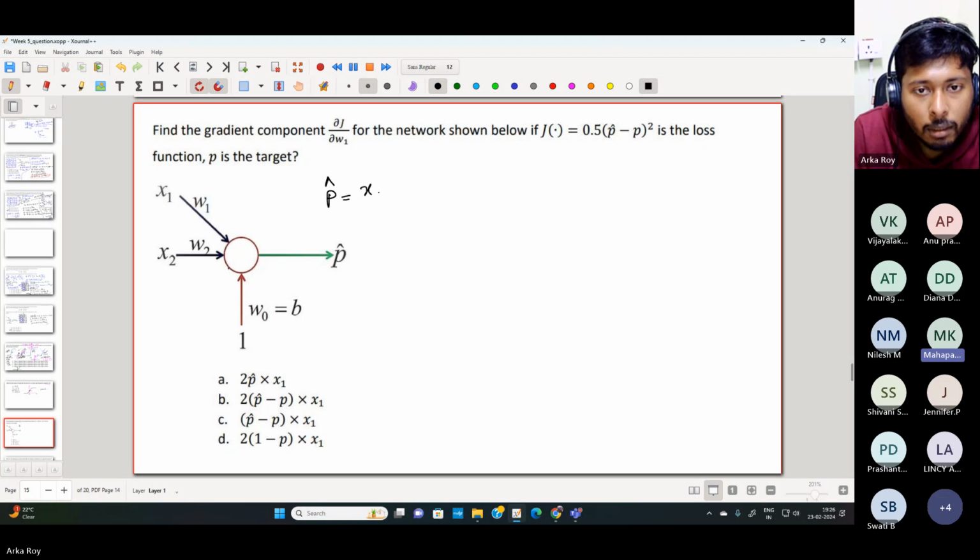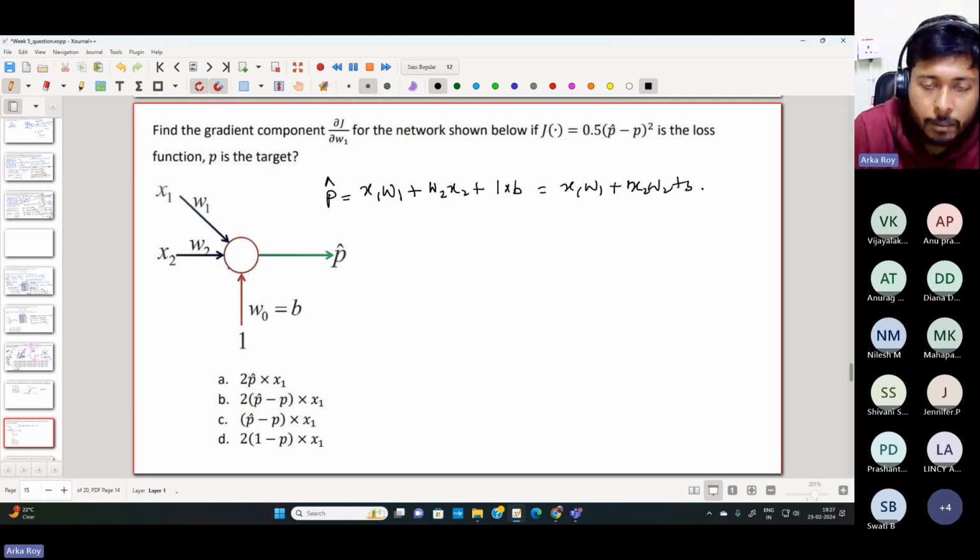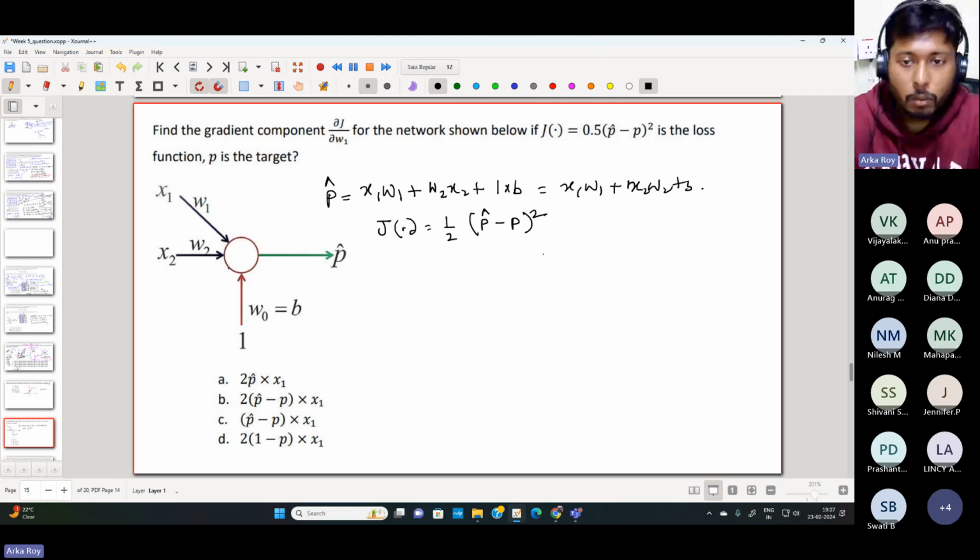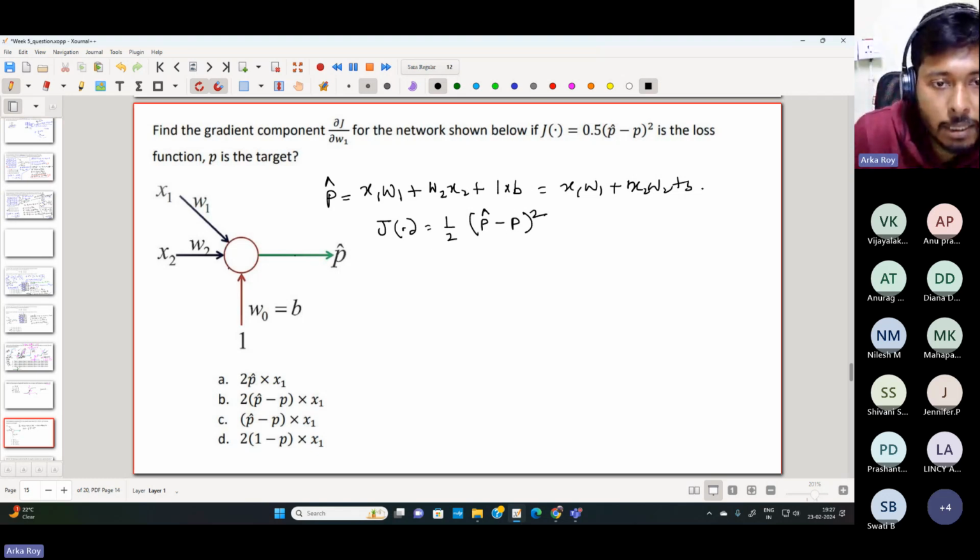X1 W1 plus X2 W2 plus B. Yeah, so X1 W1, X2 W2 plus B. Okay, and you have a loss function J, and J is denoted as half into (P hat minus P) whole square, where P is the target and P hat is the output of the neural network.